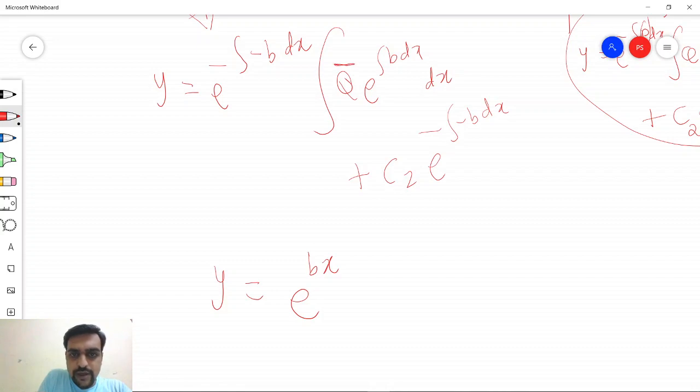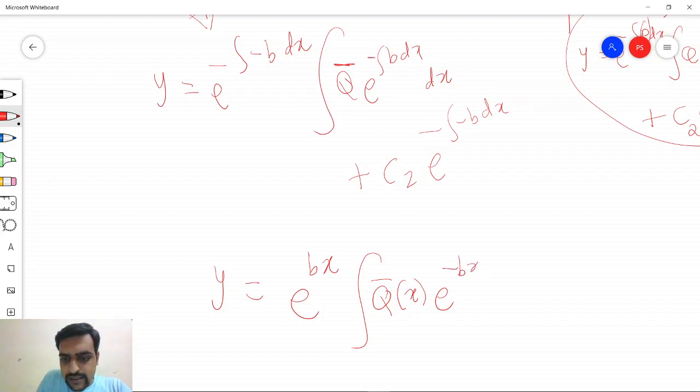Sorry, here we have a q bar. Note that, correction. Q bar of x e raised to, and a minus sign here, minus bx dx plus c2 e raised to bx.